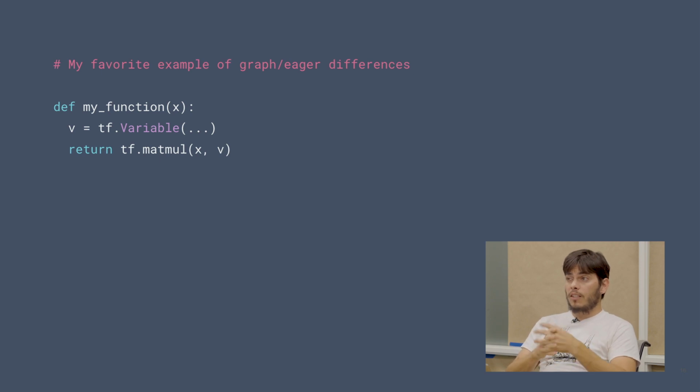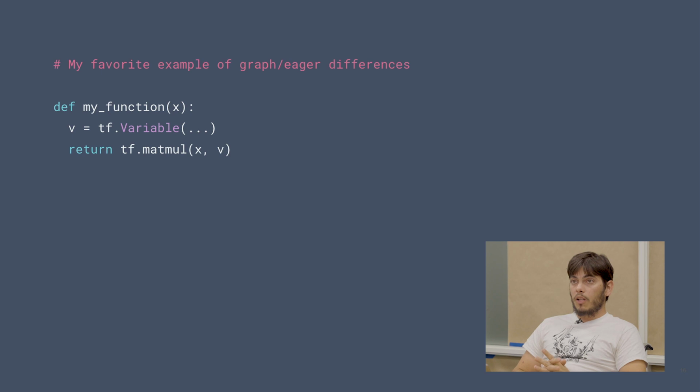If you run this in tf.v1 or in graph mode, what will happen is you will run this Python code once, and then you will call session.run on the result many times. And moreover, as a side effect of running this code, that variable is going to be added to some global graph collection that will allow you to modify its value later, even though it's completely scoped inside this function.